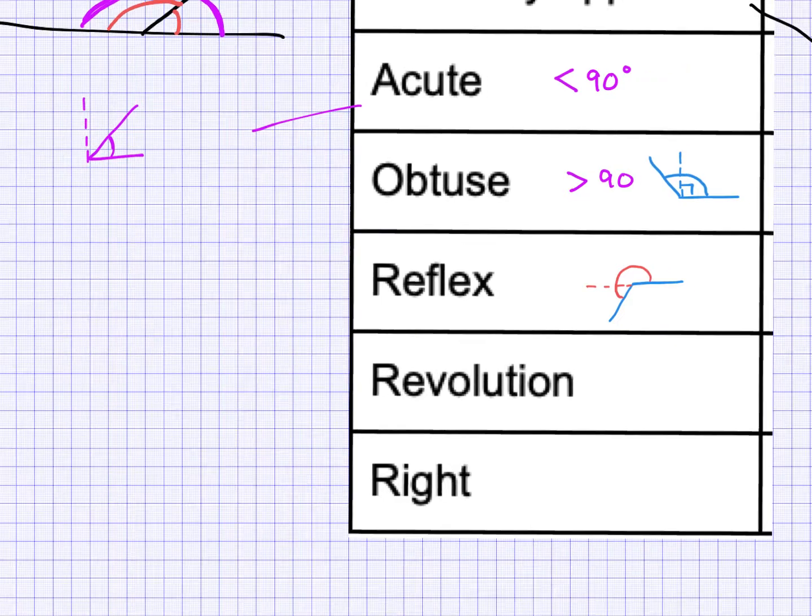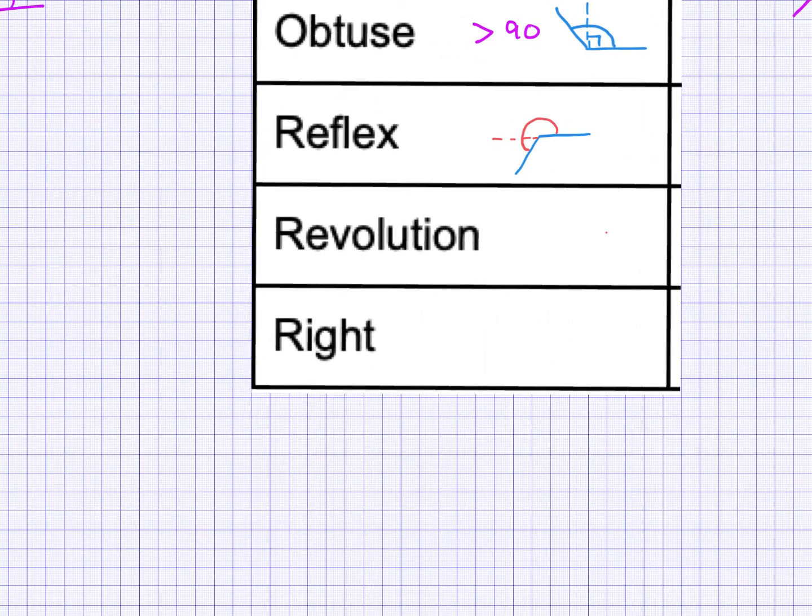Revolution is an entire circle. This is why we call circles or circuits revolutions. And a right angle, which we should all know by now, is just 90 degrees. When we have a right angle, it's the only angle where we don't have to write the number. We can just put this little square here, and everyone knows that means 90 degrees.